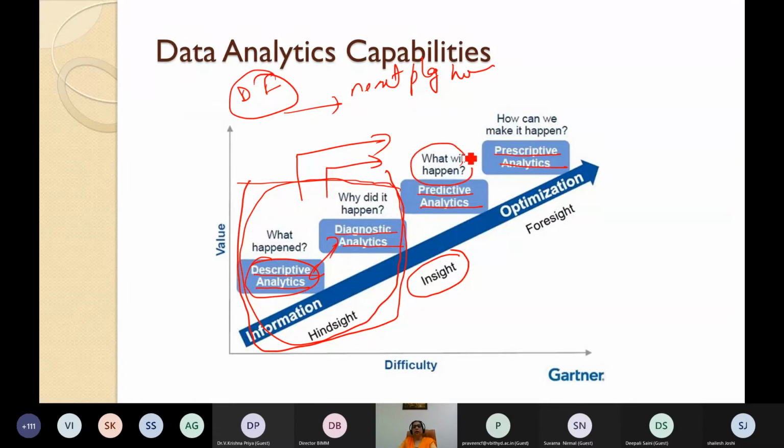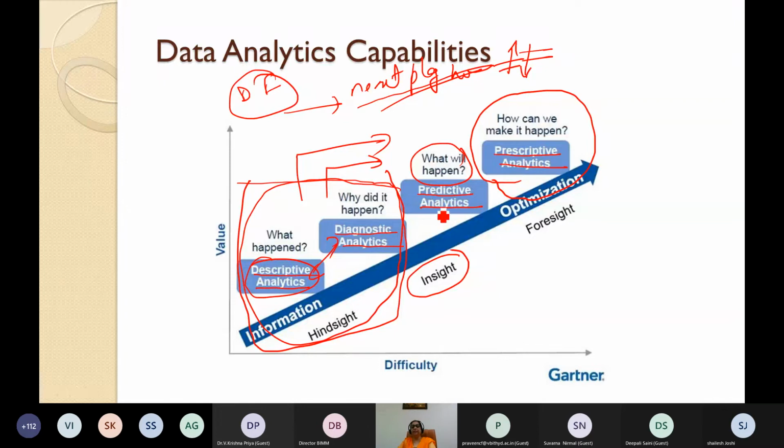And if this is less or more, how you can bring in some change, or plan something, give some prescriptions, some solutions to bring in betterment in the next planning horizon. So this is what's going to happen and how you can bring in a better change.